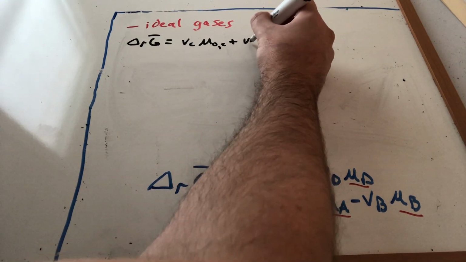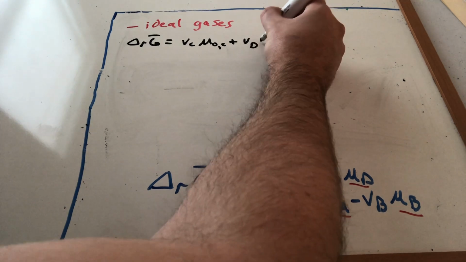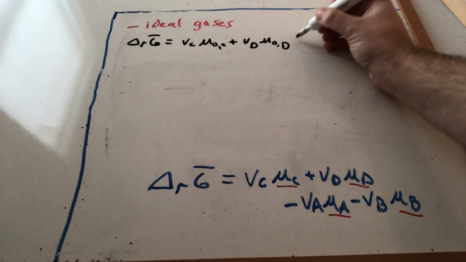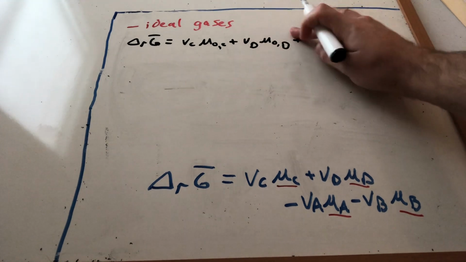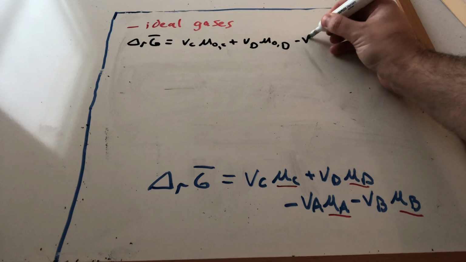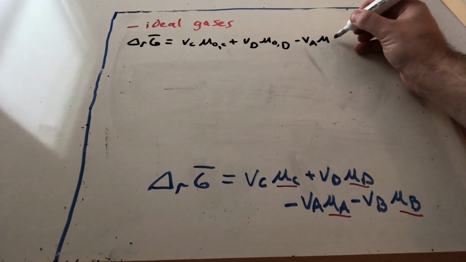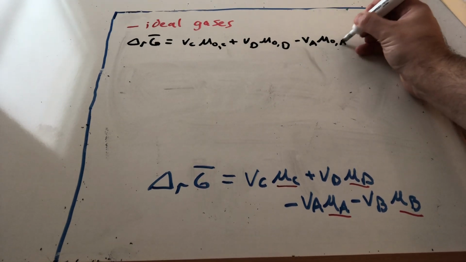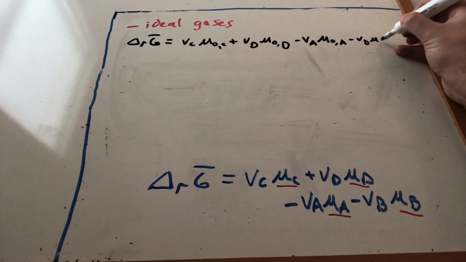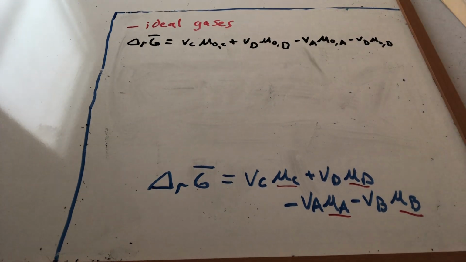Plus VD mu naught for D, plus, minus VA mu naught for A minus VD mu naught for D, right?